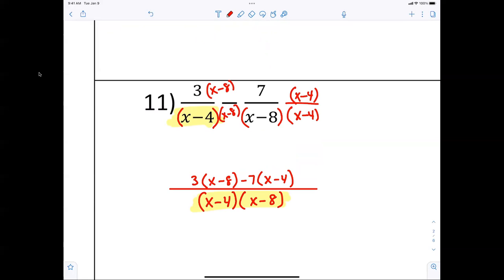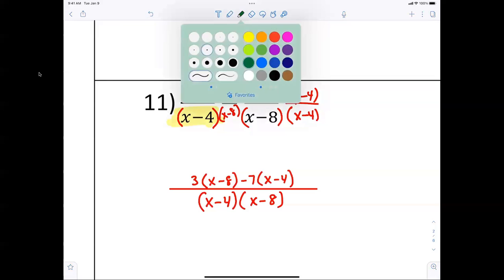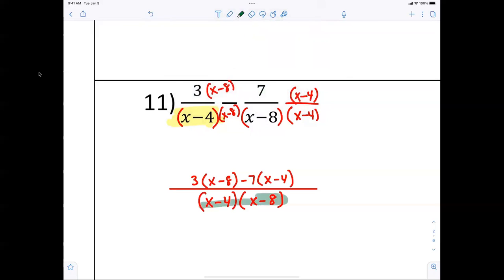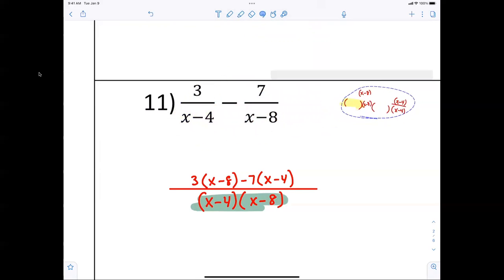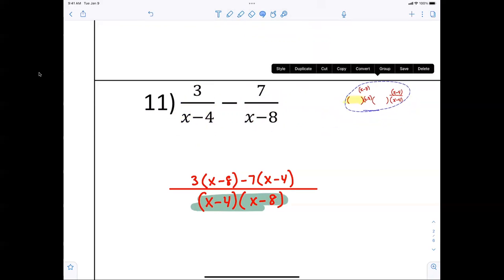I'm confused why you said the x minus 8 is missing. Okay, so this right here, I need you to agree, is the common denominator. Do you agree this is the common denominator? So now I'm going back here. In order to add the fractions, I have to have a common denominator.